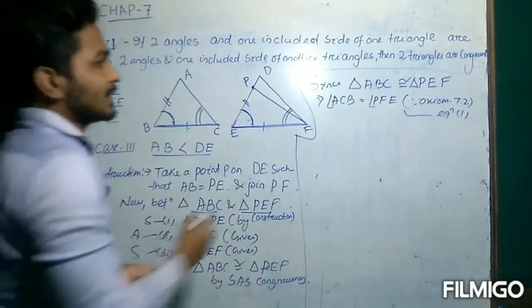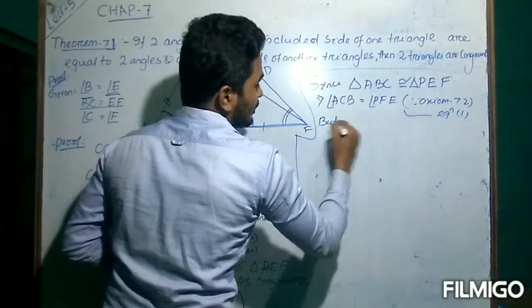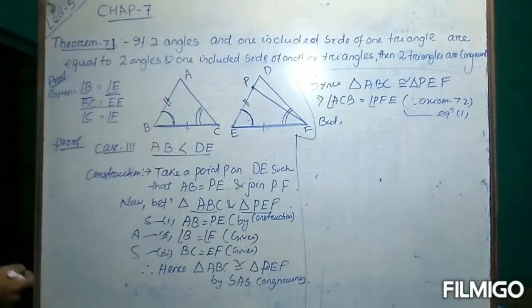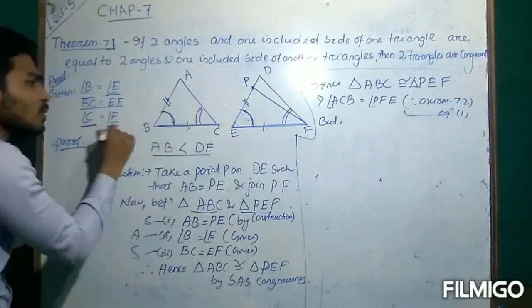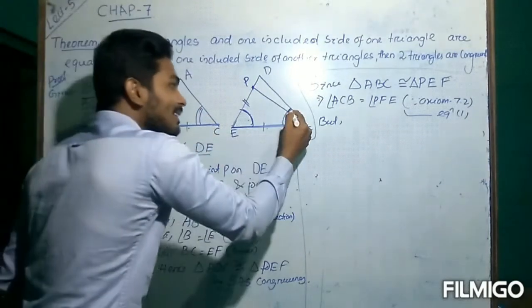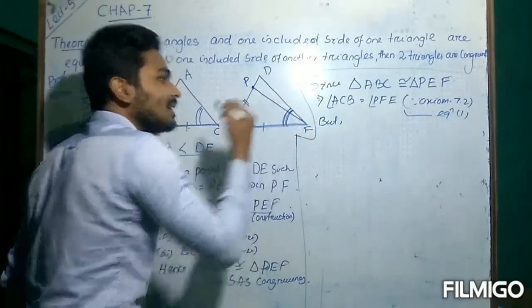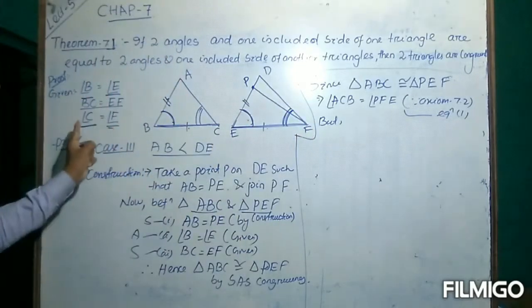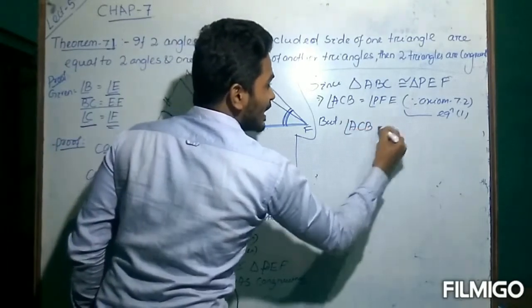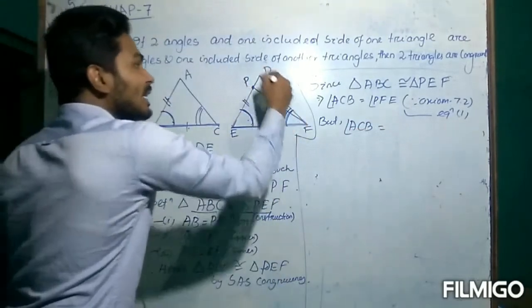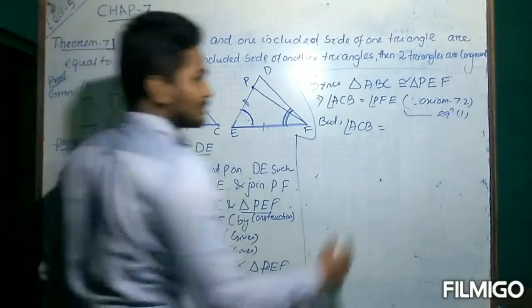Next thing, according to the given statement, angle C is equal to angle F, where F means the total angle. It is given in this statement that angle ACB is equal to the total angle DFE.